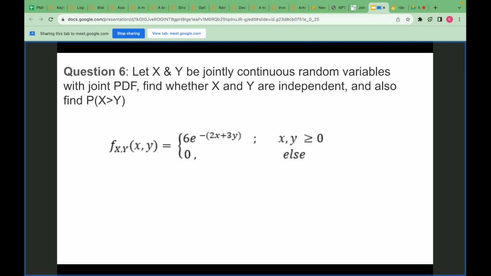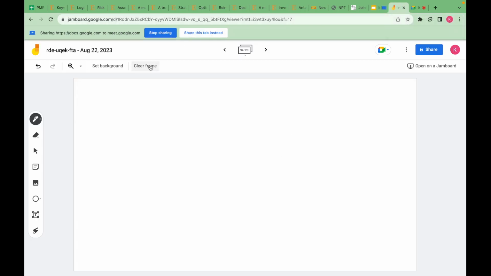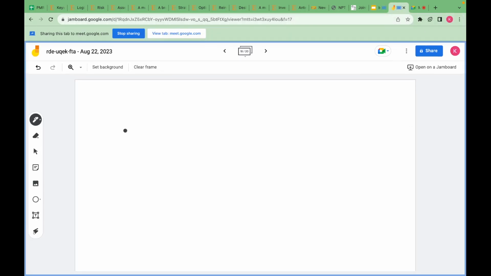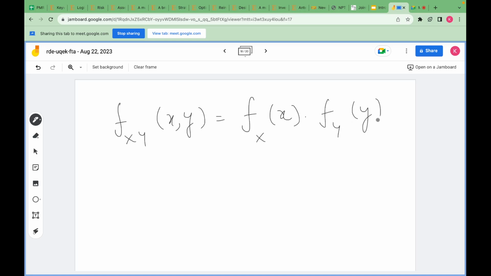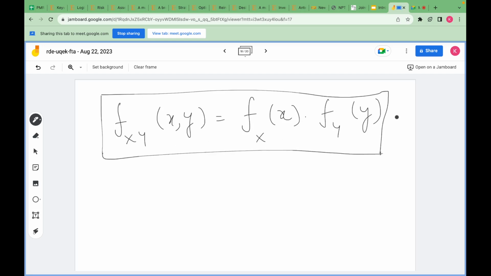So we know that the condition for x and y to be independent is that this will be satisfied. If x and y are independent, then the equation will hold true.